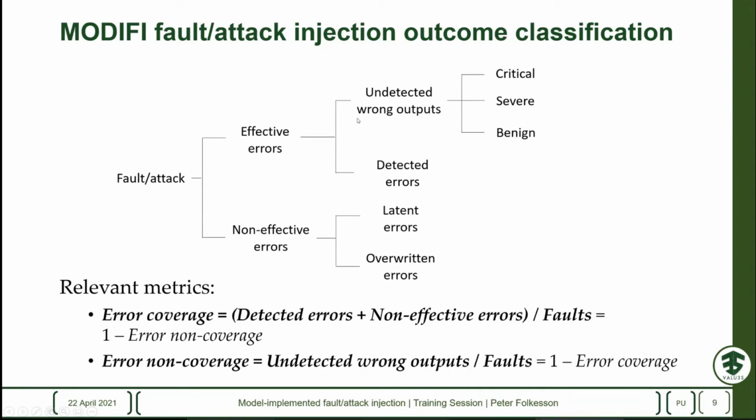Effective errors are errors which are either detected by an error detection mechanism in the system or lead to an undetected wrong output. Now, these undetected wrong outputs may be further classified according to how severely they affect the target system and its intended service, and this is typically governed by the system requirements.